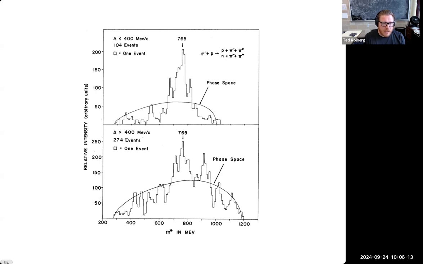And if the peak reaches a certain level of significance above the background, here indicated by this kind of drawn curve labeled phase space, that's just the continuum of events of the type that you would expect to emerge if there were no resonances. And then you see this big peak, in this case at 765 MeV, which stands well above the background. And this would be considered good evidence for discovery of a new resonance.